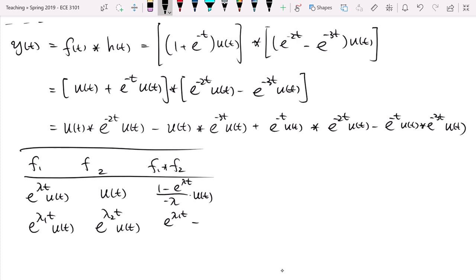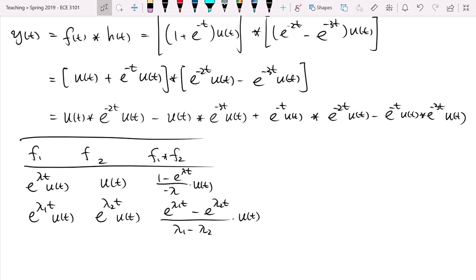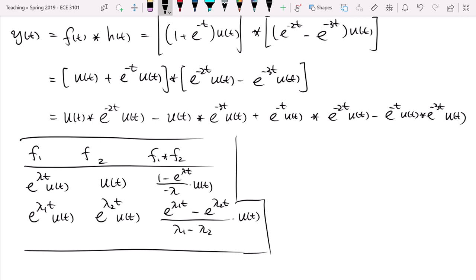For u of t and e to the lambda 2t u of t, if lambda 1 and lambda 2 are not equal to each other, the result will be e to the lambda 1t minus e to the lambda 2t divided by lambda 1 minus lambda 2. This is what you will find in the convolution table.